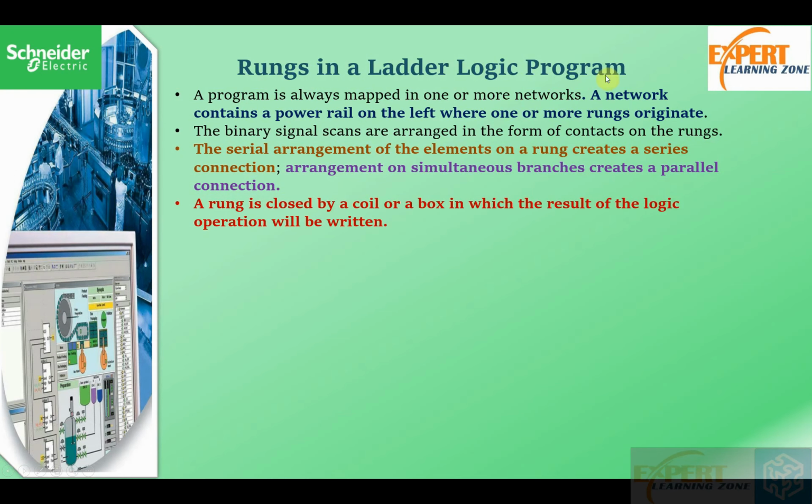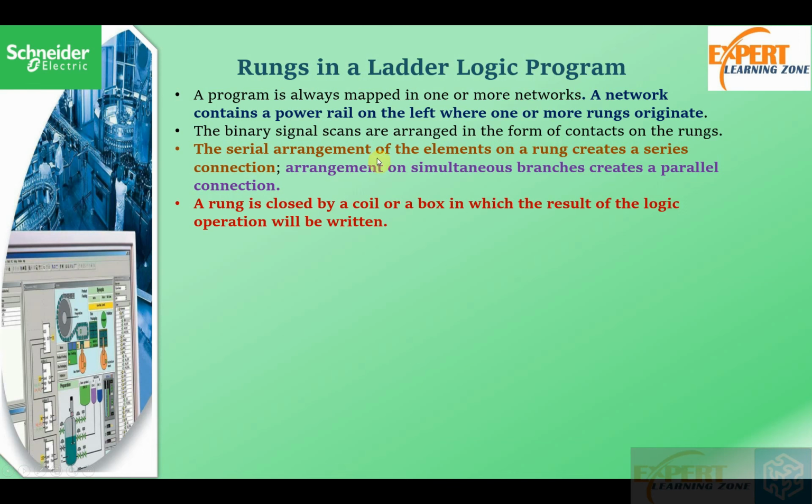What is a rung? A program is always mapped to one or more networks. A network contains a power rail on the left where one or more rungs originate. The binary signal scans are arranged in the form of contacts on the rungs.